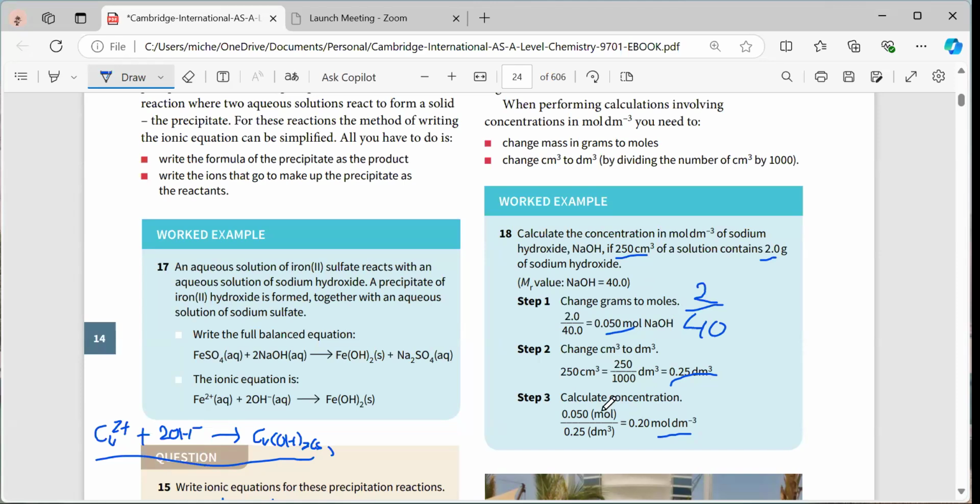We have moles divided by the volume. Moles right here, we have 0.050. We input that, and divide it by the volume, which is 0.25. So 0.050 divided by 0.25, we get 0.20 concentration.